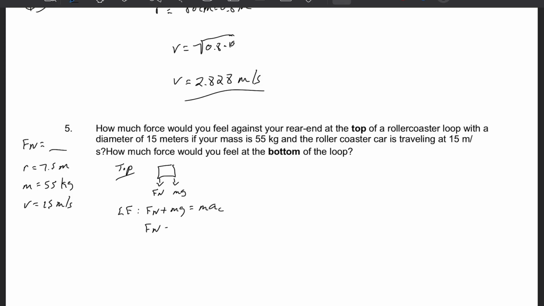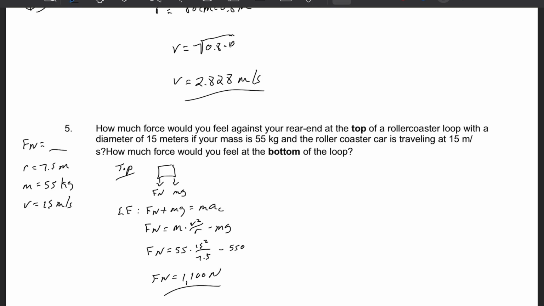We want to change AC, the centripetal acceleration, to v squared over r, because those are the variables we have. And we're going to subtract mg to the other side. So force normal is mass times v squared over r minus mg. 55 times 15 squared divided by 7.5 minus 550. When I put that through my calculator, I got 1,100 newtons.